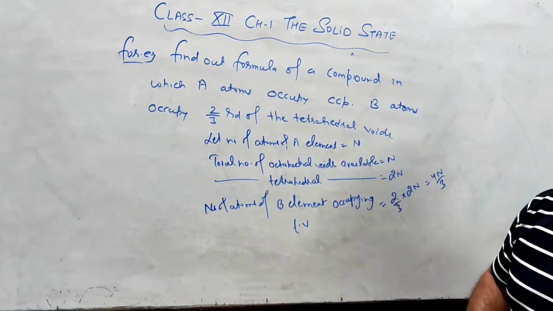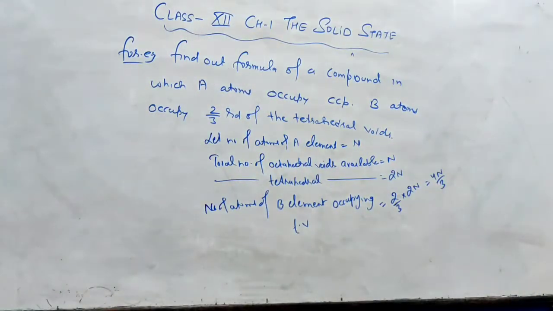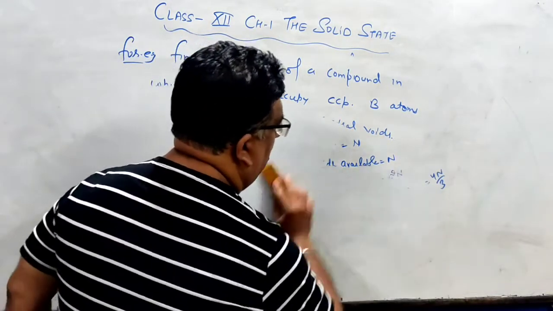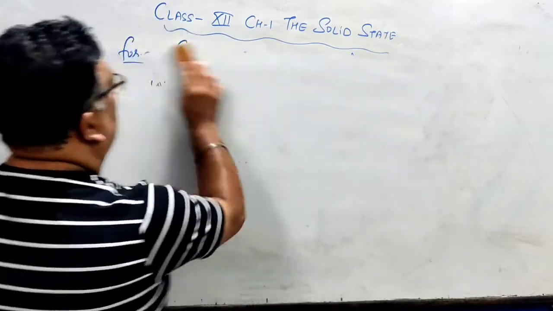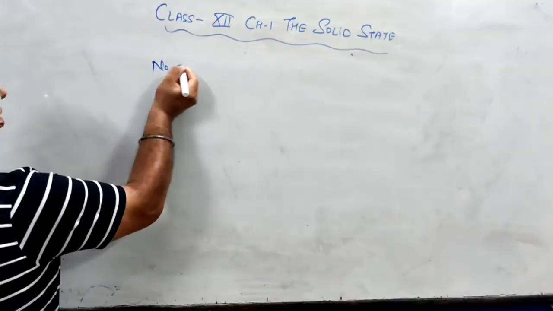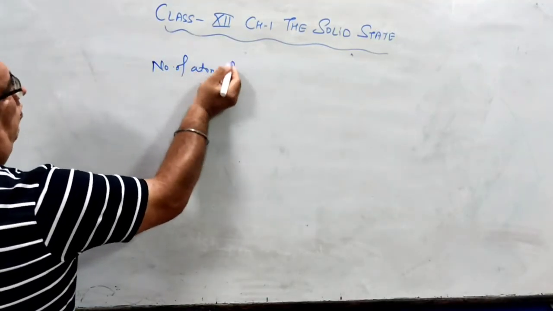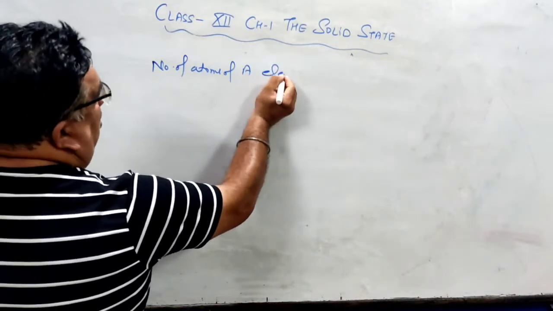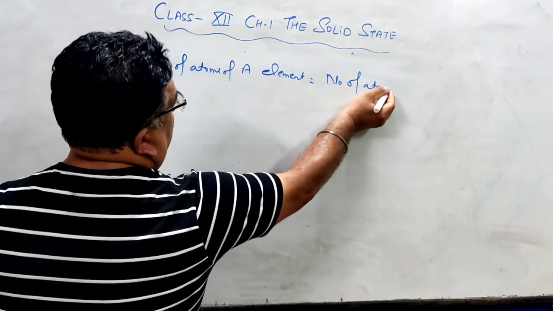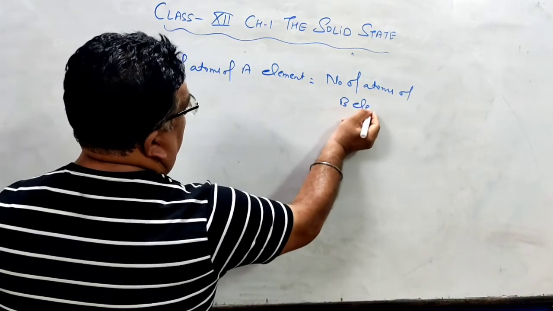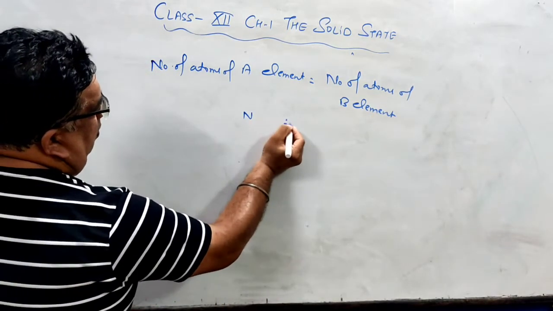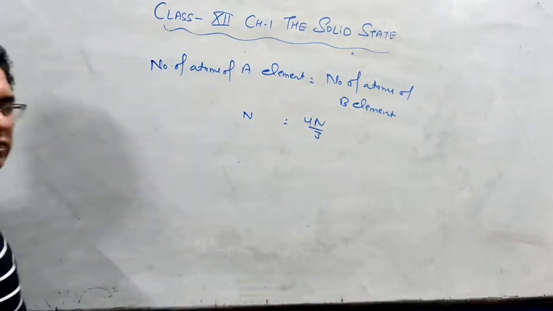Now the ratio of the number of atoms of A element to the number of atoms of B element is n ratio 4n by 3.